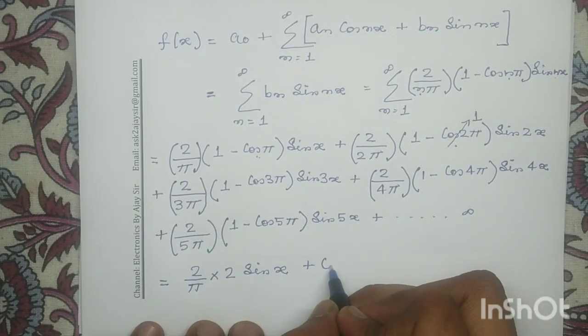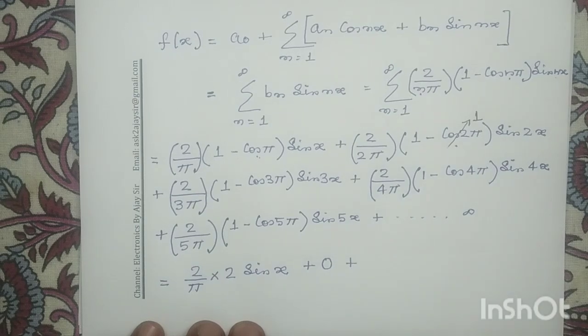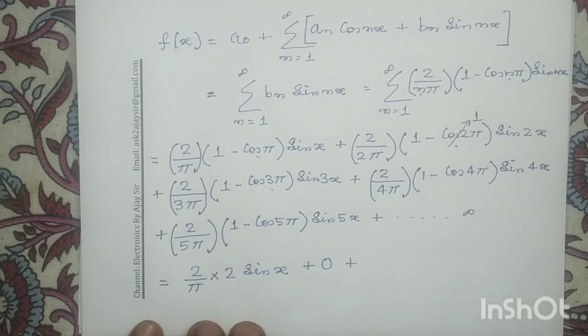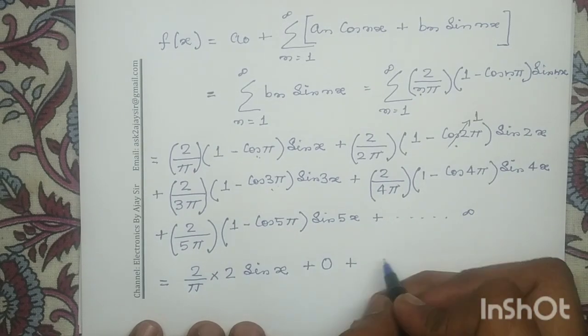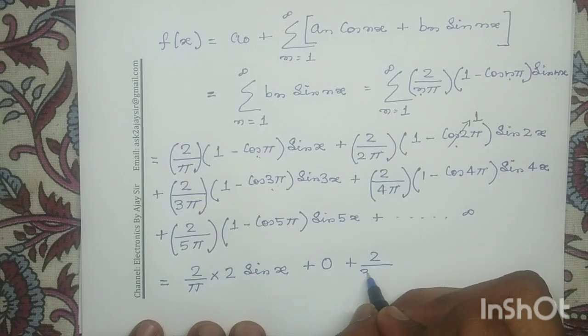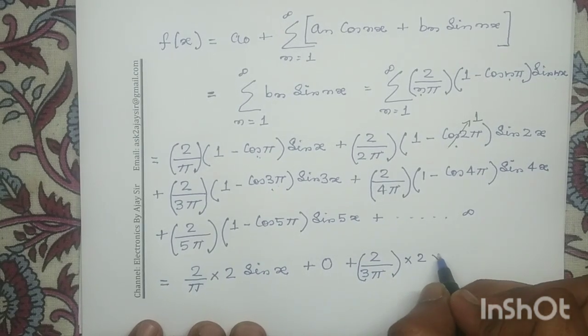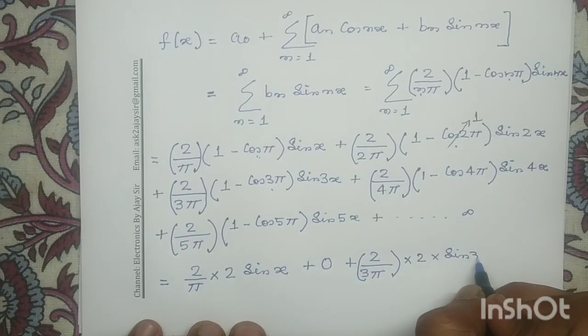So this expression is 0. Next, cos 3 pi is minus 1, minus of cos 3 pi is plus 1, 1 plus 1 is 2. So the expression becomes 2 by 3 pi multiplied with 2 into sine 3x.